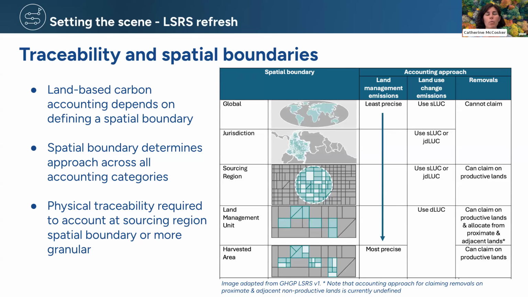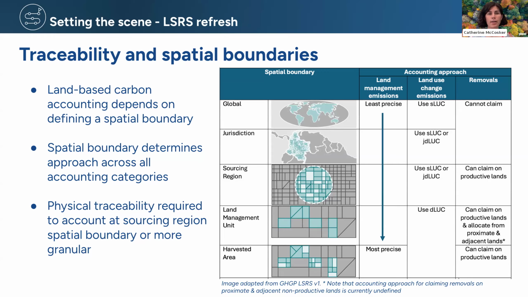There are rules that you have to be consistent in your spatial boundary for emissions and removals and for the same volume of crop that is coming from the same spatial boundary. You need physical traceability in order to define a spatial boundary at sourcing region or below.